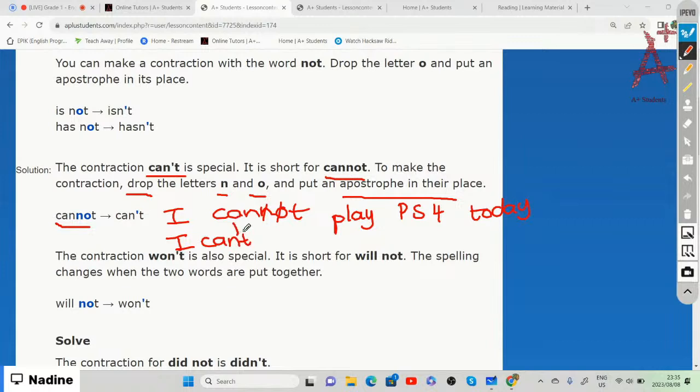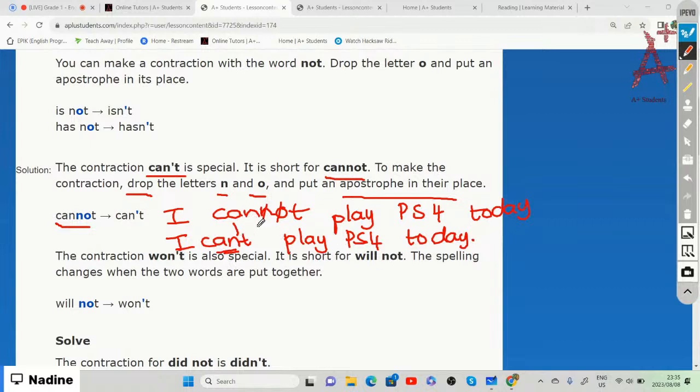And remember, we put the apostrophe in the place of the N and the O that we drop. So I can't play PS4 today, right? So can't is the contraction or the short form of the word cannot.